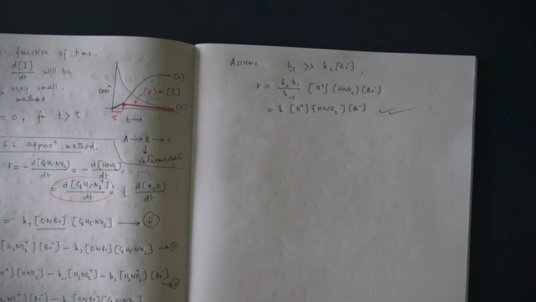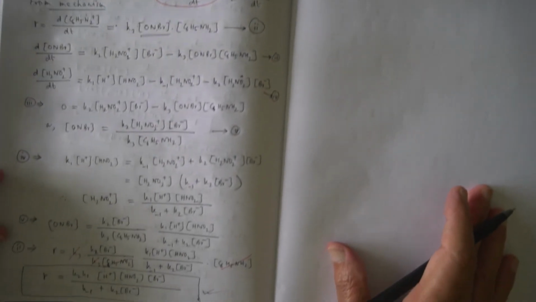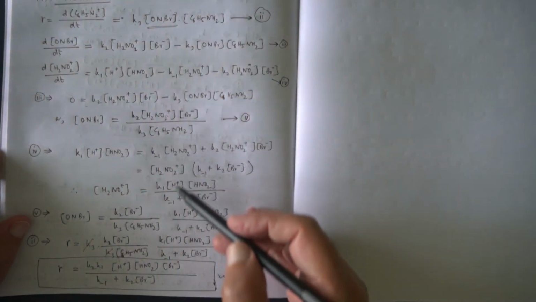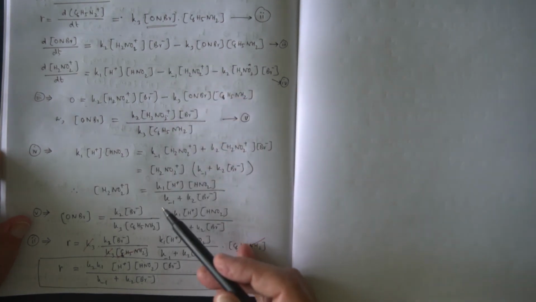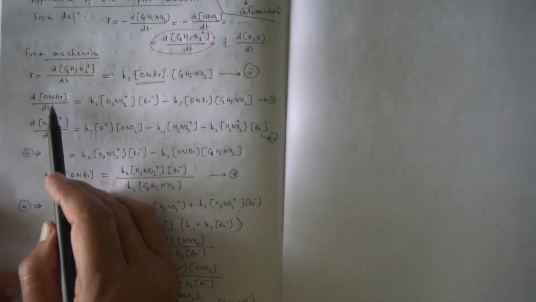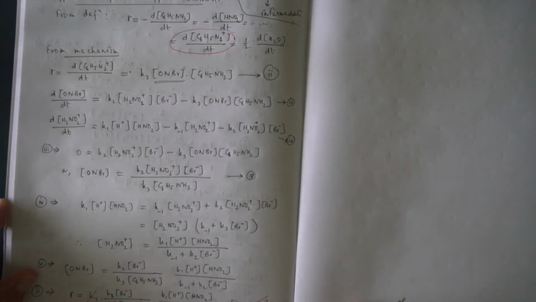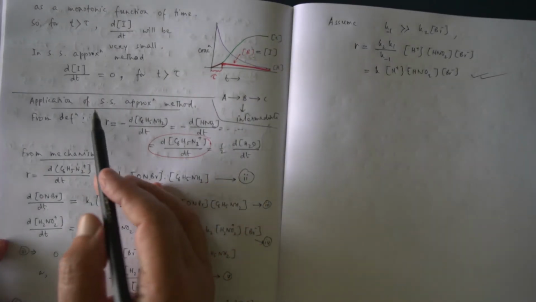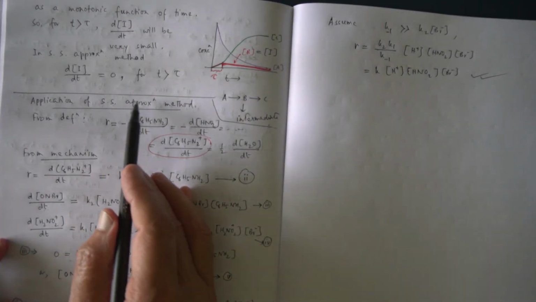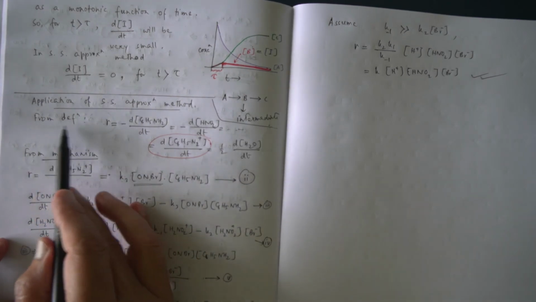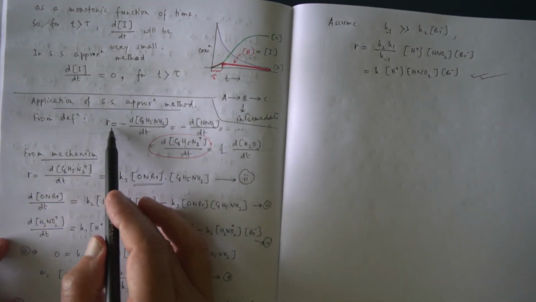So here you see, we have not talked about any fast or slow reaction. What we have used is d[intermediate]/dt equal to 0, nothing else. So I repeat: in order to apply steady state approximation, first we write from definition the rate of the reaction.